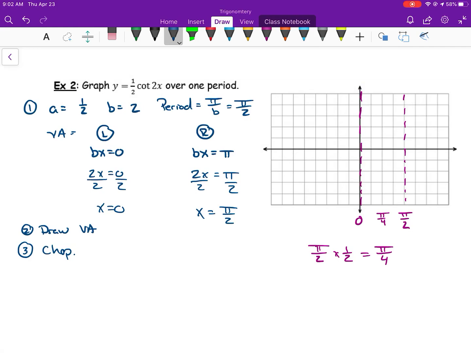To figure out these other 2 points, I would do half of a quarter, which just means we're going to move by increments of eighths. So this will be pi over 8. So this would be 1 pi over 8, pi over 4 is 2 pi over 8, and then we have 3 pi over 8, if we look at it in terms of eighths.